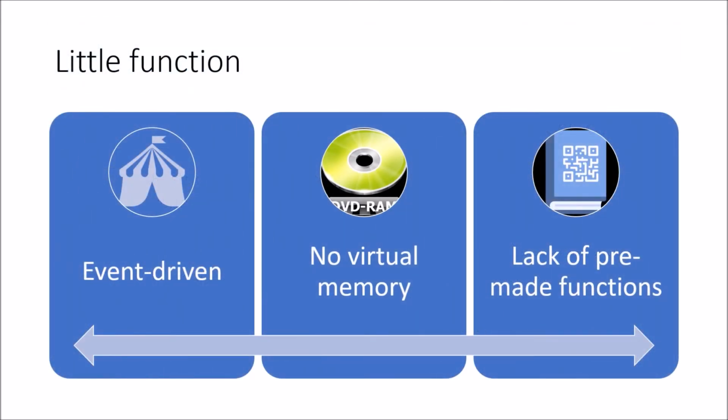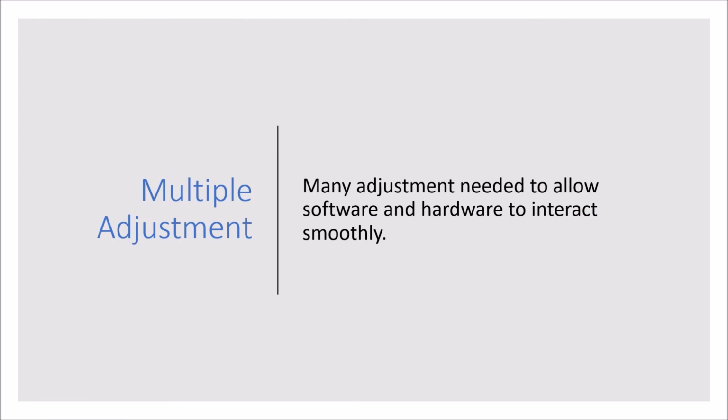TinyOS has little function because it is event-driven, it has no virtual memory, and it lacks pre-made functions. Multiple adjustments: many adjustments are needed to allow software and hardware to interact smoothly.